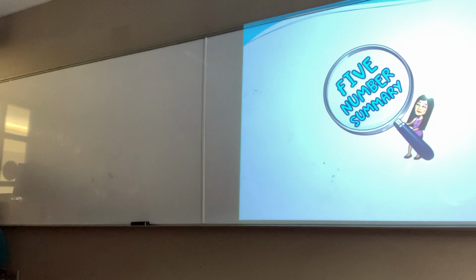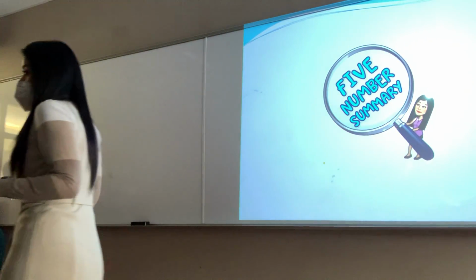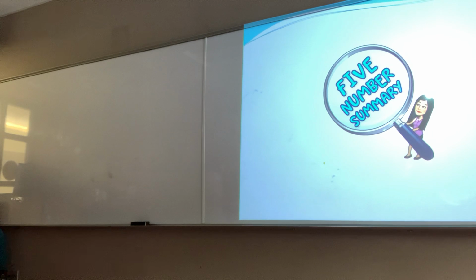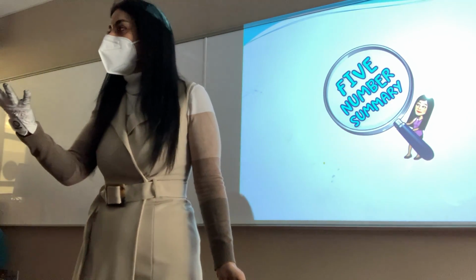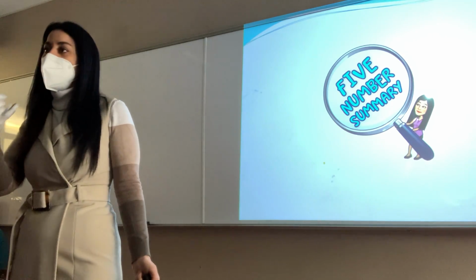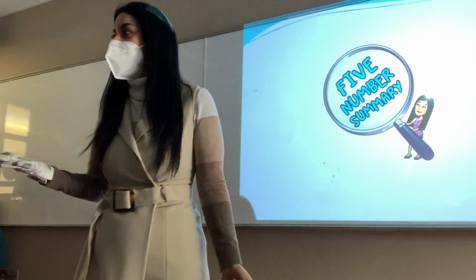And then there are 2 observations that we never directly talked about: the minimum observation and the maximum observation. We never talked about them directly because I assume that everyone knows what the maximum and the minimum observation are, when you order all the observations from minimum to maximum. We are going to use these 5 measures: minimum, maximum, Q1, Q3, and median, which is Q2.